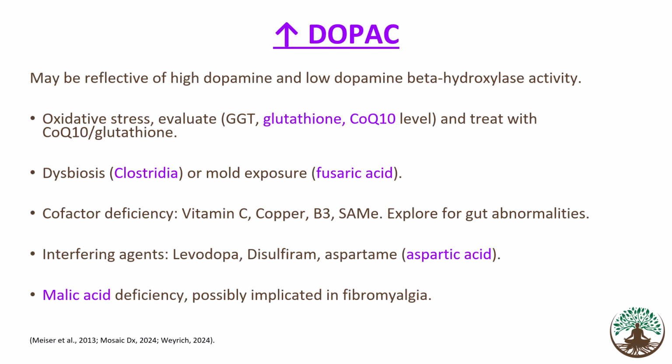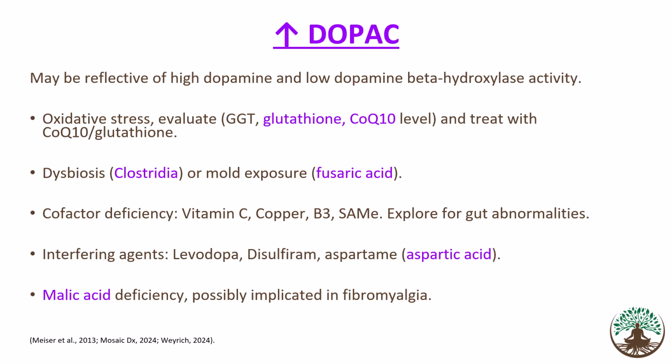An elevated DOPAC found on organic acid testing may be reflective of high dopamine and low dopamine beta hydroxylase activity. The following may be considered in a root cause evaluation. First, ensure that oxidative stress is well managed. This can be evaluated through organic acid testing, a GGT, or glutathione levels.